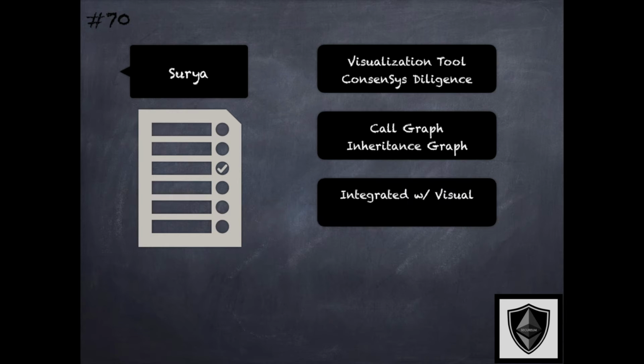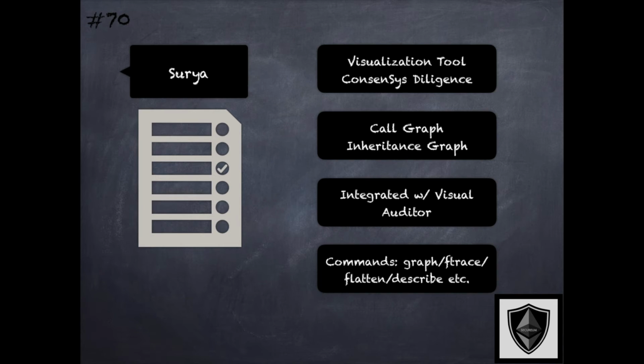It also supports querying the function call graph in many ways to help during the manual inspection of contracts, and this is integrated with the Visual Auditor tool that we discussed in the previous slide. Surya supports several commands such as graph, function trace, flatten, inheritance, dependencies, parse, generating a report in the markdown format, etc.